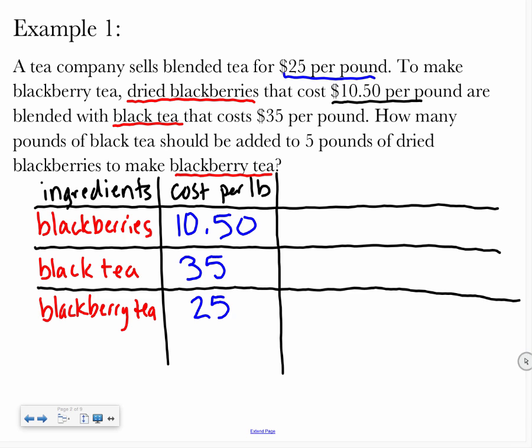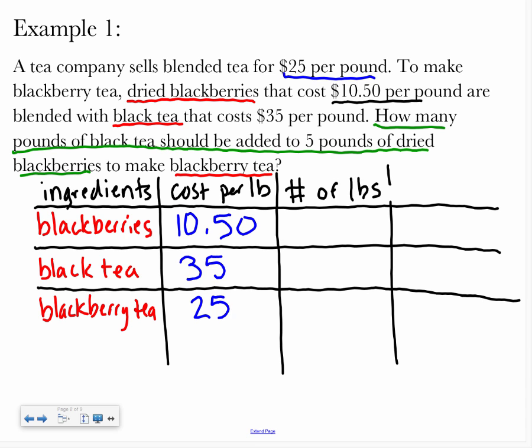And now, what we want to know is how many pounds of black tea should be added to 5 pounds of blackberries to make blackberry tea. So I need to figure out the number of pounds needed, right? We're told 5 pounds of dried blackberries, so for dried blackberries, I'm going to put 5.